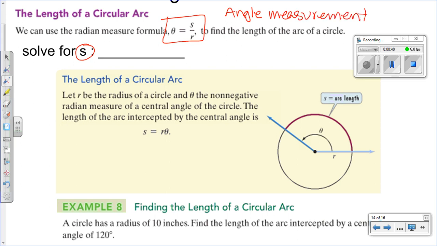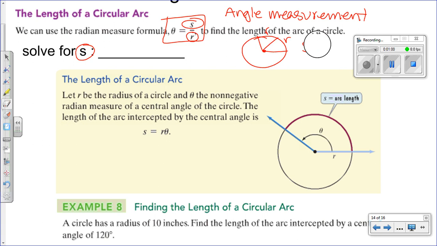And so to do that, we were taking the arc length and then dividing it by the radius. We did a couple of examples where we were calculating, for example, here we had R, and the arc length will be 2R.